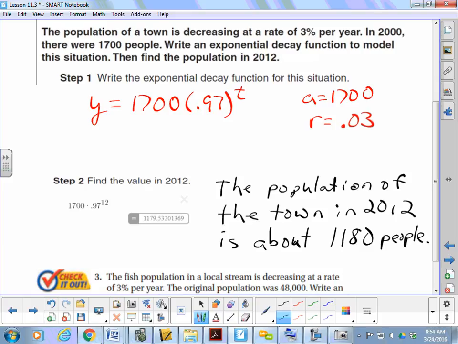Then you can round it to the nearest whole number. But show the calculations, show a decimal value there when it's people or something like that, but then when you write it out in a sentence, you can approximate it and say it's about that number or almost that number. Okay? All right.